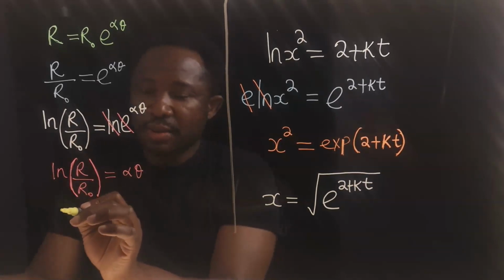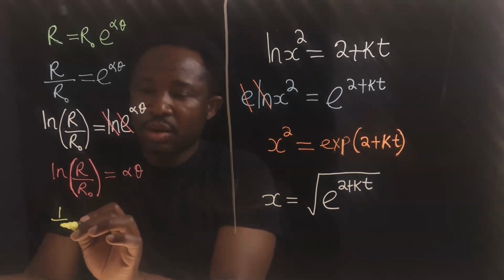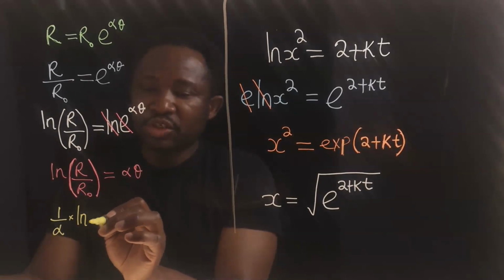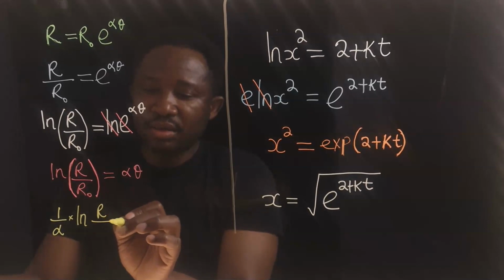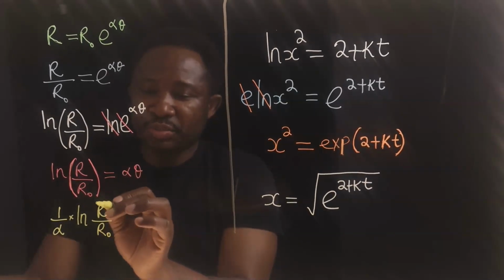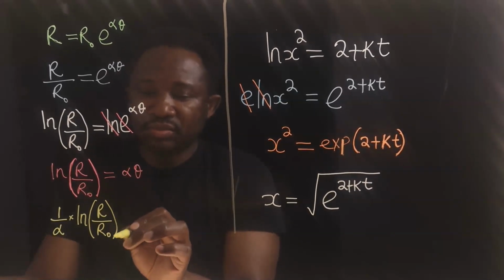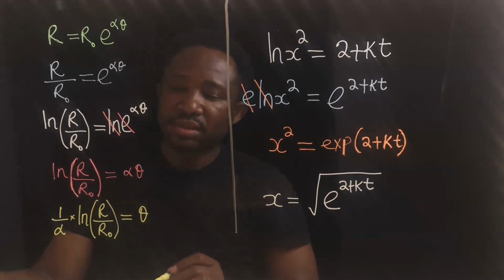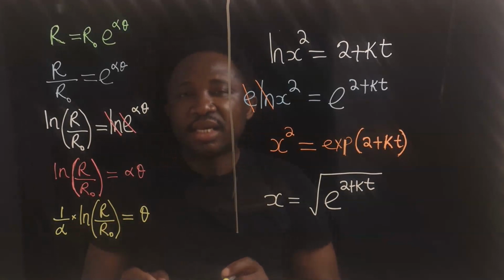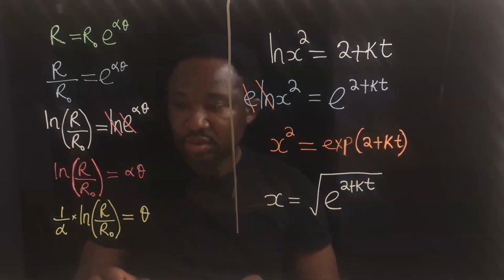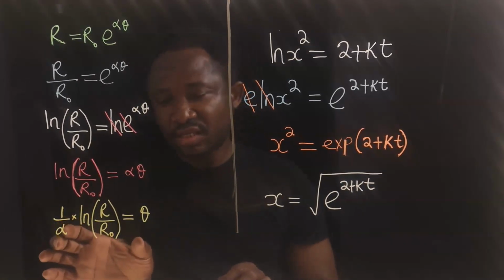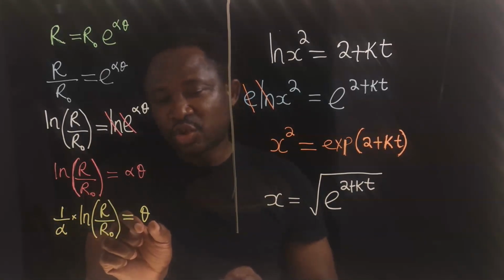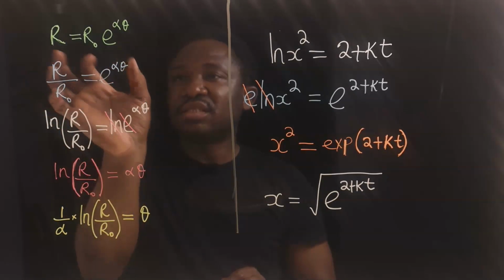On the other side, I'm going to have 1 over alpha times the natural log of r divide r subscript naught in bracket and equal to theta. Theta is now isolated, and this is our answer. We have succeeded to make theta the subject in this equation.